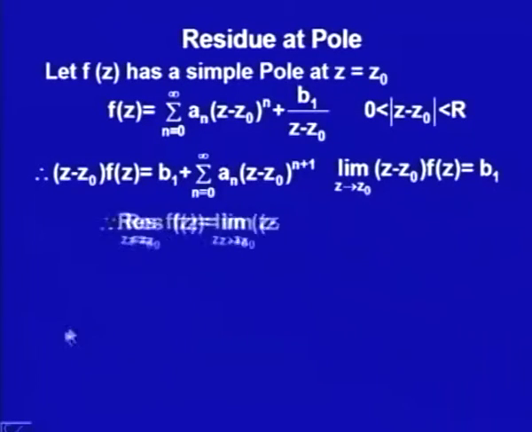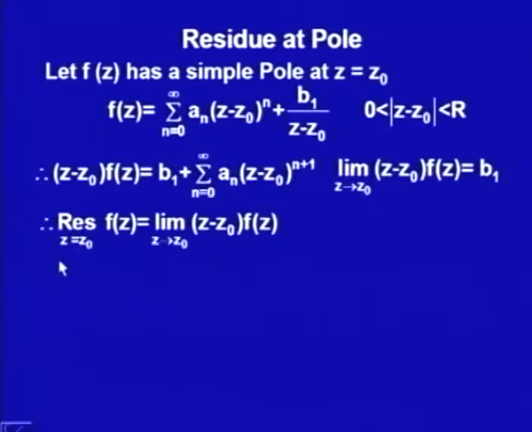That says the residue at z equal to z naught, when z naught is a simple pole of f, is the limit as z approaches z naught of z minus z naught into f z. It gives a very simple method to calculate the residue at a simple pole.